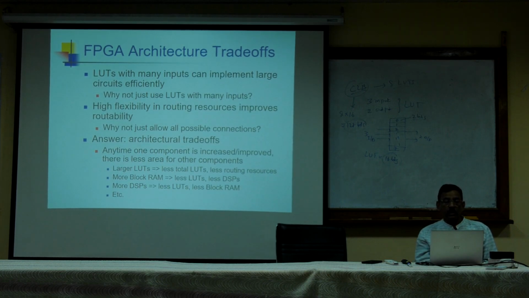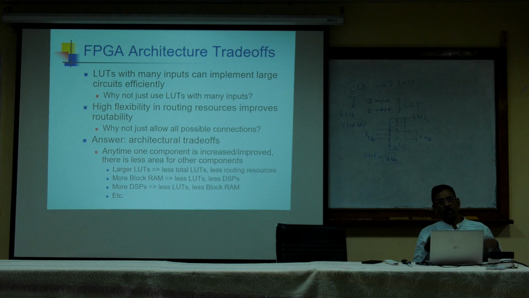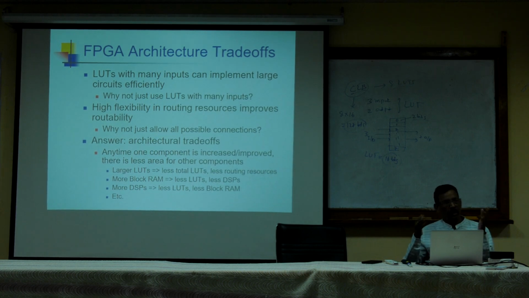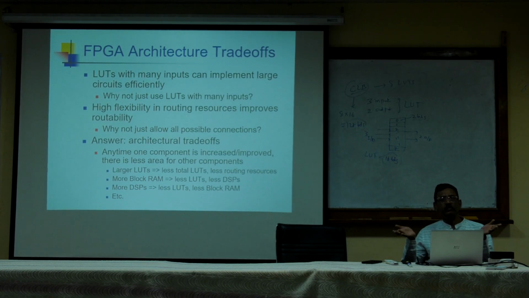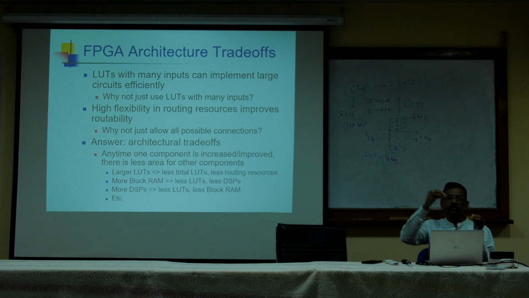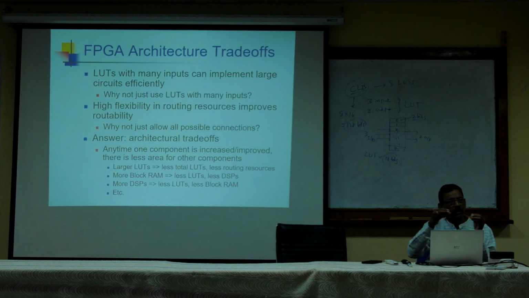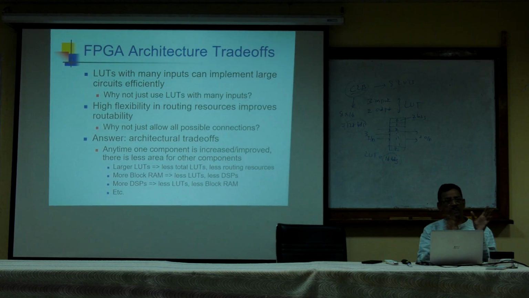That means larger LUTs, fewer total LUTs, less routing resources. See how many LUTs, 100K, 200K, 500K or 1000K LUTs. If you place more LUTs inside the FPGA, then for placing other logical blocks like memory blocks, DSP blocks and routing channels, the space will be reduced. This is a trade-off you have to maintain.